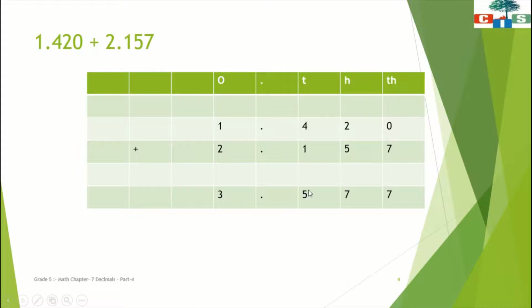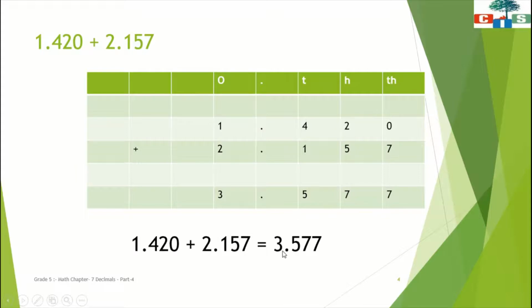I will write 5, then the decimal point, and then 1 plus 2 is 3. You always have to start from the thousandths place. So when we add 1.420 plus 2.157, we get the sum 3.577. The final answer you have to write like this. Don't forget to put the decimal point in the final answer.